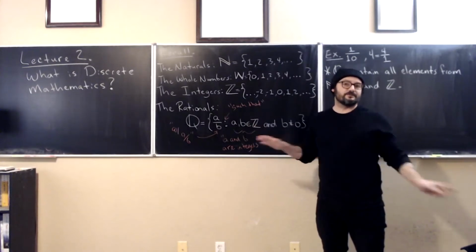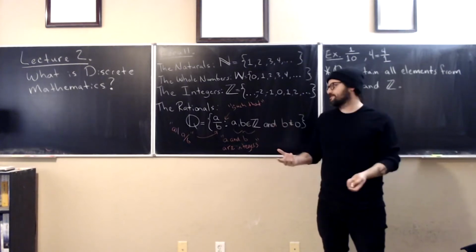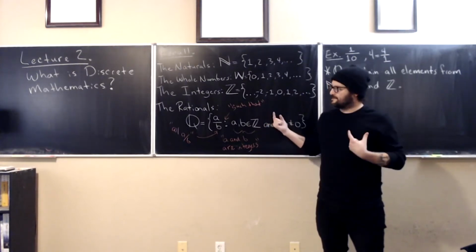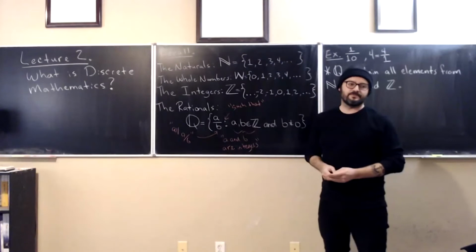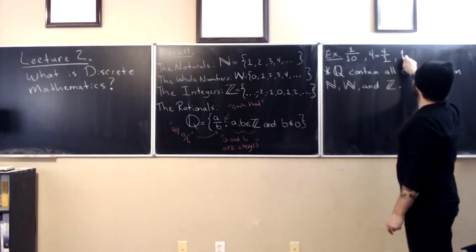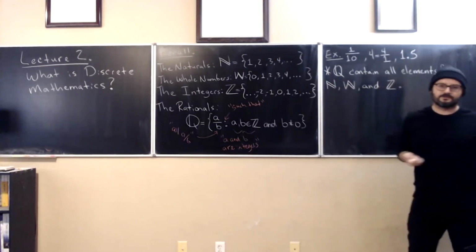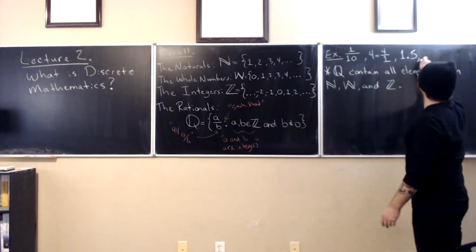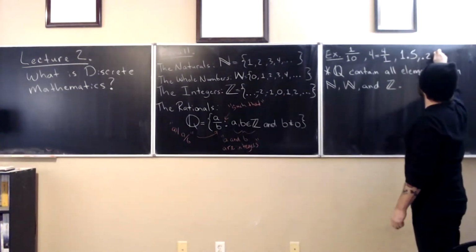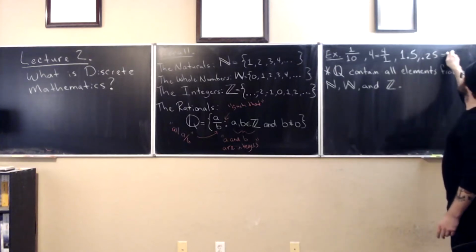Now, you would think, at least I would think, after being told about these sets of numbers, that that's everything, right? What number could possibly exist that's not in this set? Another example of a rational would be 1.5. That's a rational, right? Or 0.25. 0.25 is a rational because it's equal to 1/4.